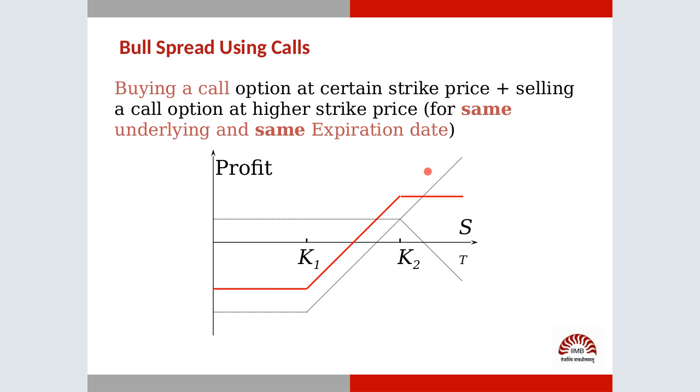Where do you think should the asset price be? Take the payoff in this fashion. Obviously here you're making a loss. This is zero. This is where you're making a profit. Now where do you think the asset price should be for you to do this kind of a structure?